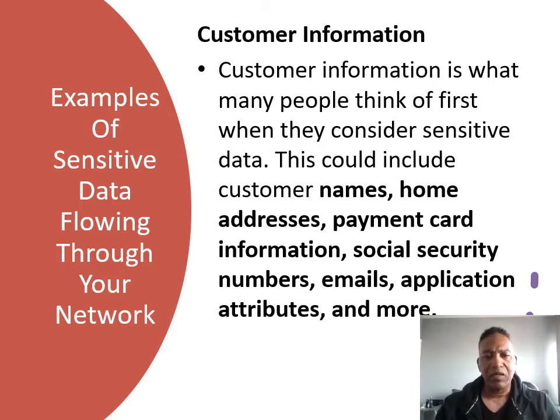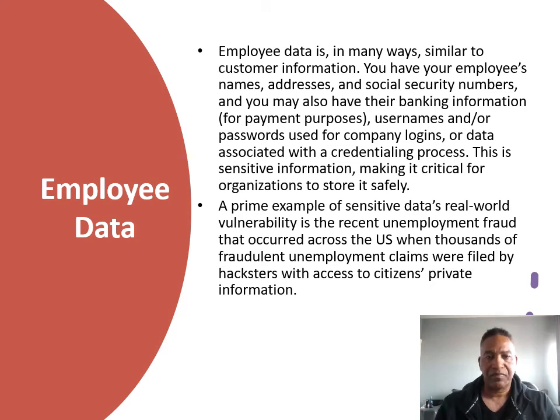Now, this is important because this information individually may not be very valuable, like your name or your address. But when you put all of this information together, it allows a hacker to assume your identity. It allows identity theft, and it allows them to use your identity to gain access to things belonging to you.